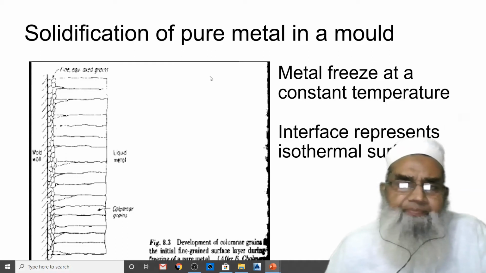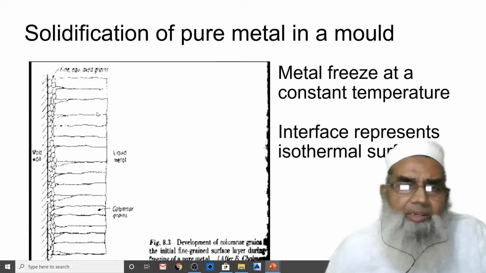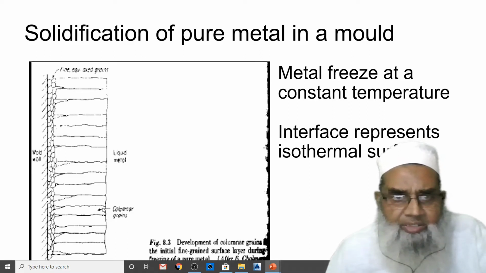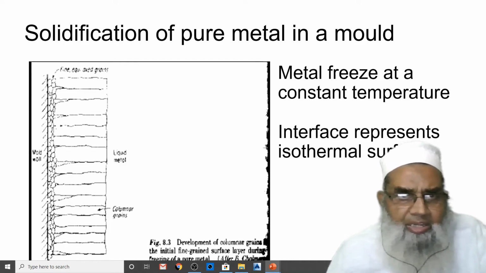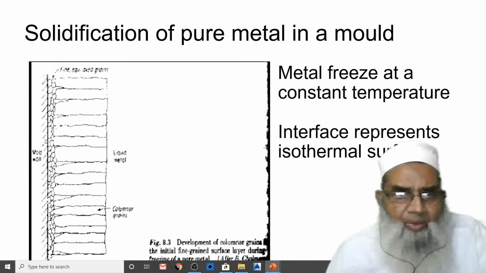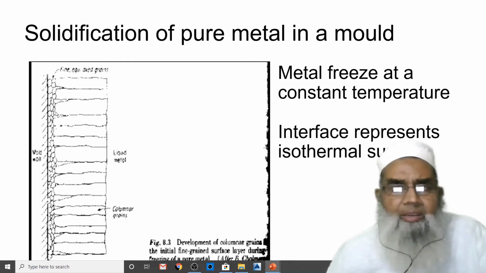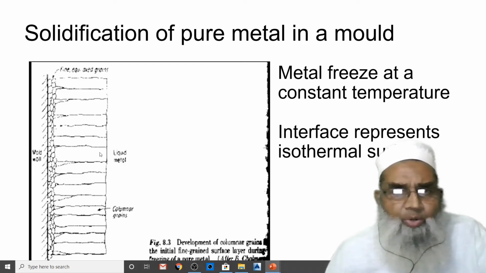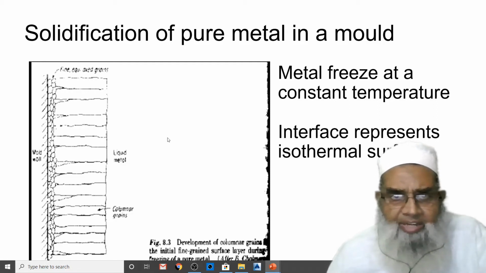Here are the fine equiaxed grains, which we call the solid skin. Then the tiny grains, when grain growth is predominant, grow towards the core, towards the center of the cavity.